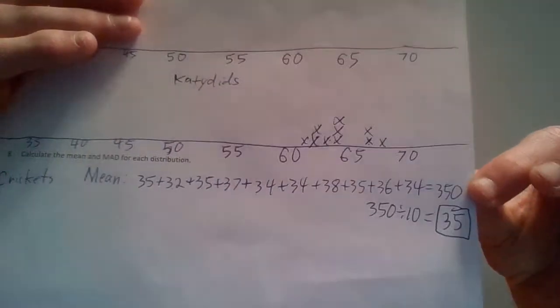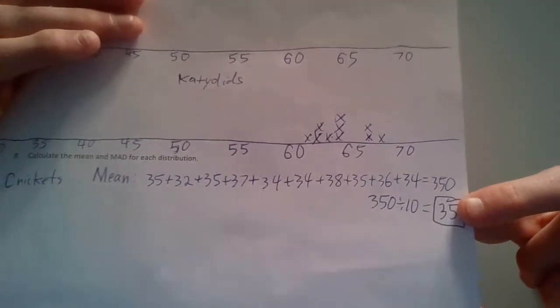So 350 divided by 10, you can either do it in a calculator, or you can remember if you divide by 10 and there's a 0 at the end of the number, just take a 0 off the end of the number. You can do that because 350 has a 0 at the end of it. So if I divide it by 10, I'll just take that 0 off the 350, and my mean will be 35 on the crickets. So the cricket mean is 35.